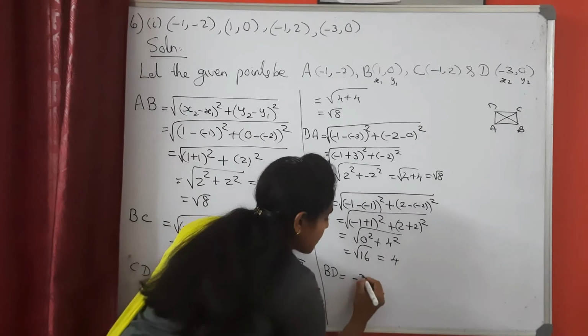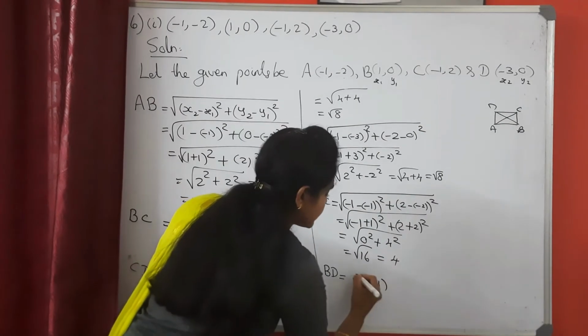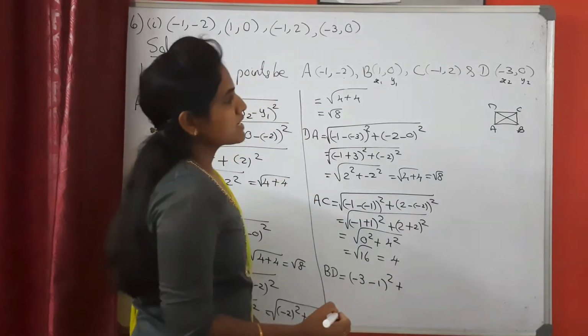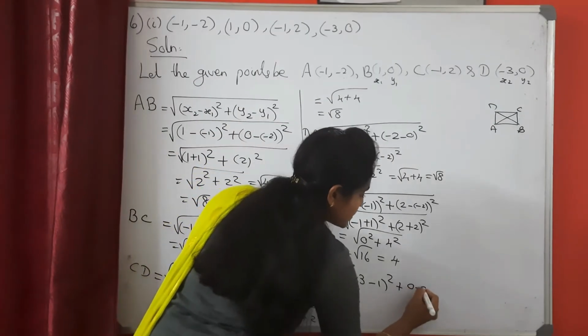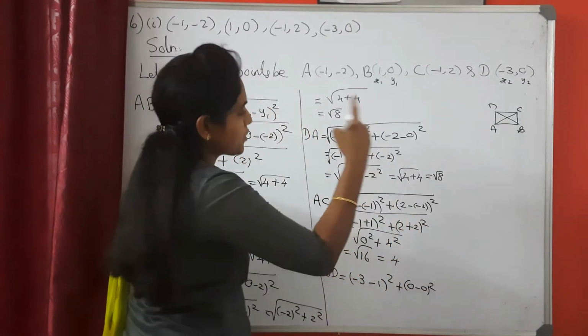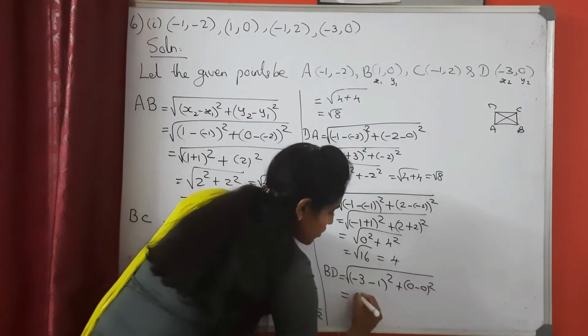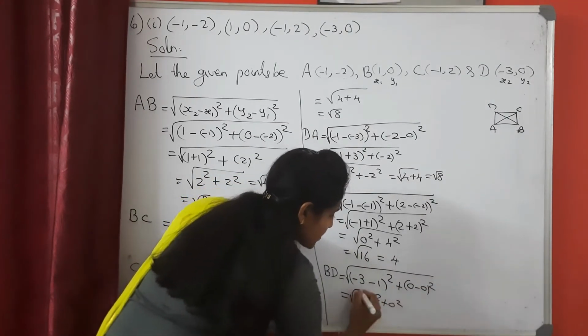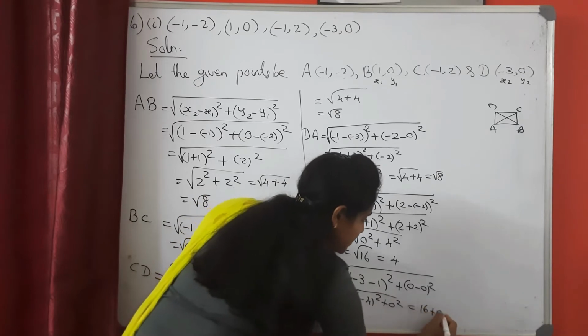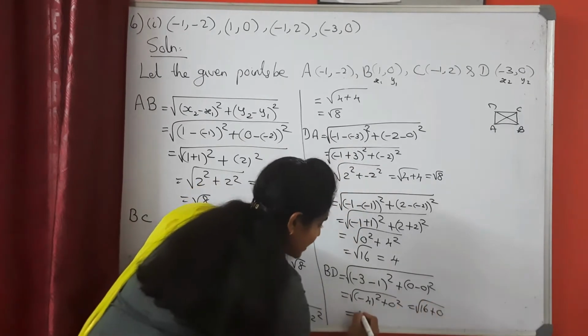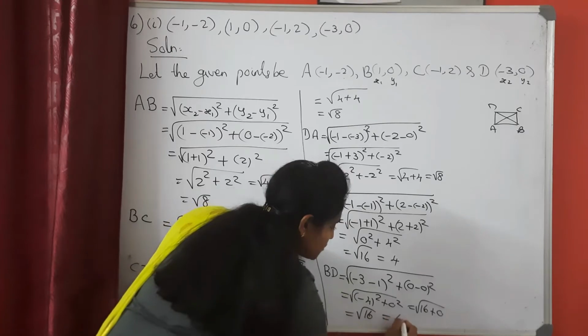Root of (x2 minus x1) whole square, that is (3 minus 1) whole square, plus (y2 minus y1) whole square, that is (0 minus 0) whole square, which is equal to root of minus 4 square plus 0 square, that is 16 plus 0, root 16, and root 16 equals 4.